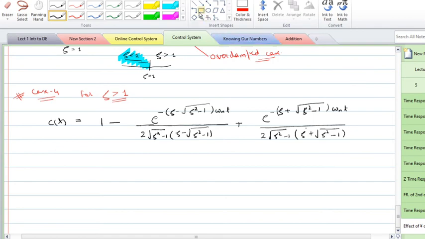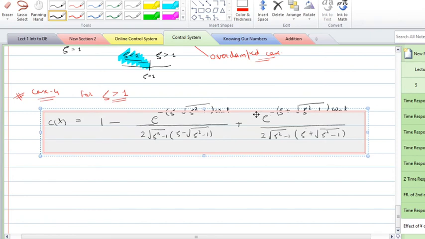So this will be the response for the overdamped case.